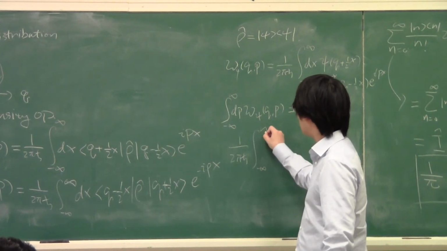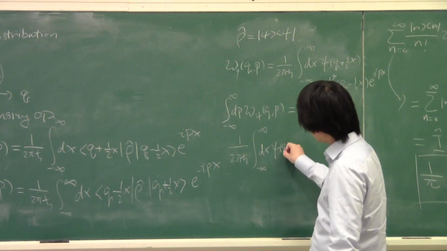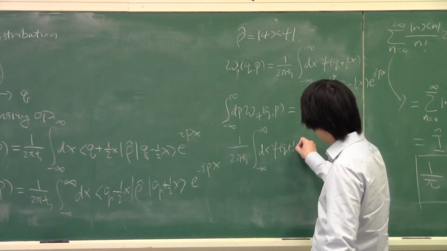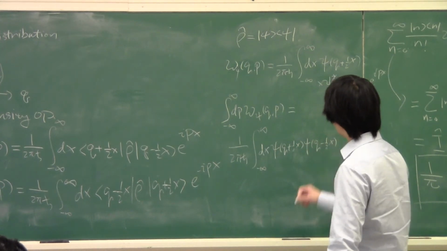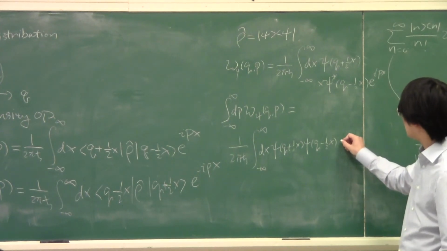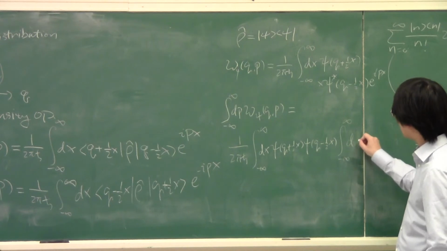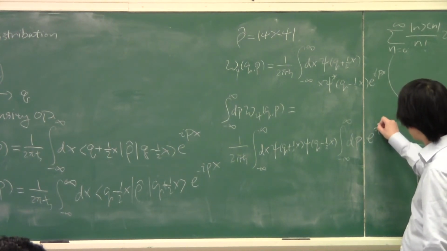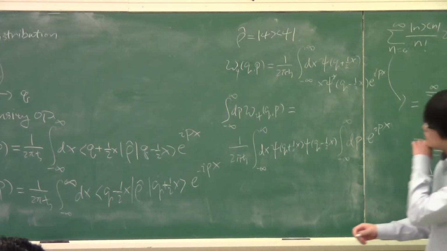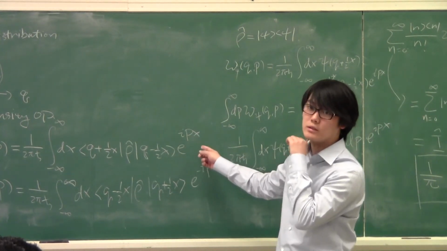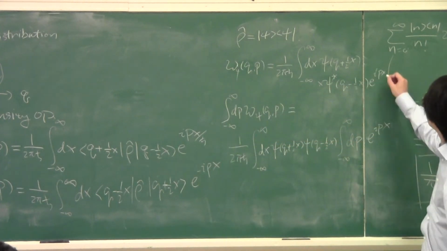I leave the x integral on the outside. Oh, sorry, p and x have a dimension, so that's not correct. We need to divide by h bar here.